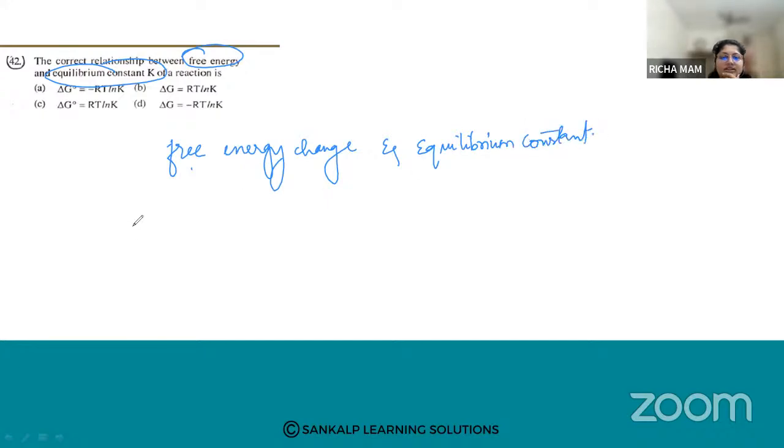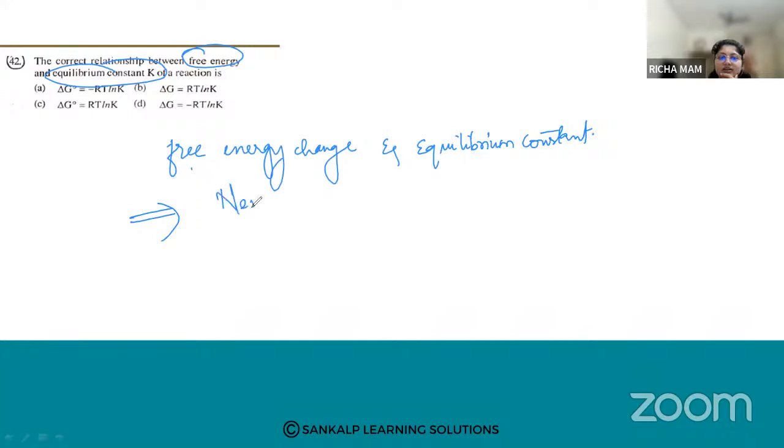So how is this given? What is the relation between the free energy change and equilibrium constant? It is given by which equation?